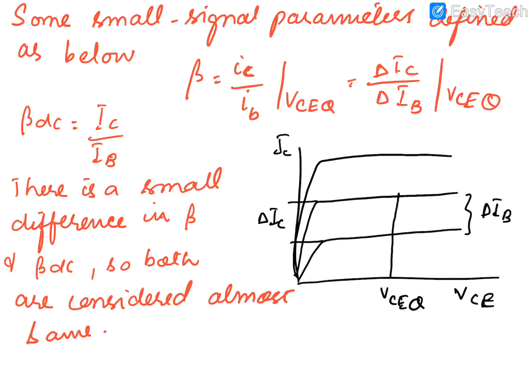Delta IC over delta IB is equal to beta. So you will find the value of beta from this equation, and beta DC is simply equal to IC over IB. There is a small difference between beta and beta DC, so both are considered almost the same.